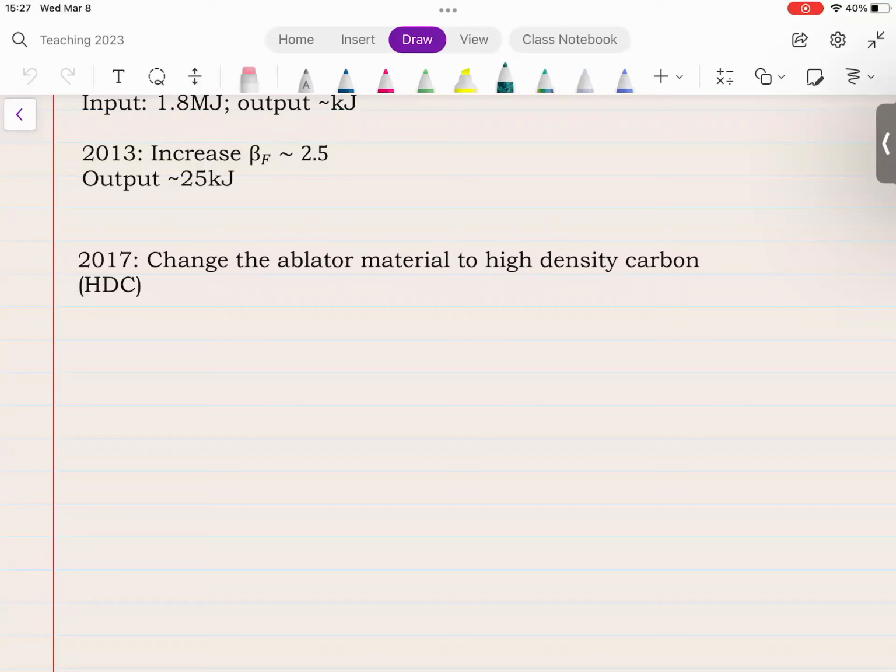Remember the cylinder the target is embedded into, and things are going to get better. And in fact, they did.